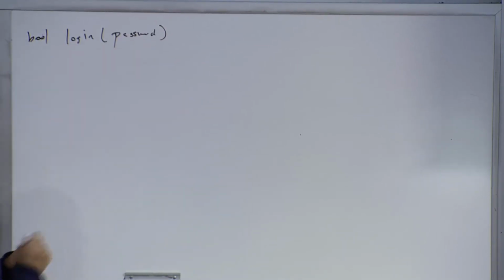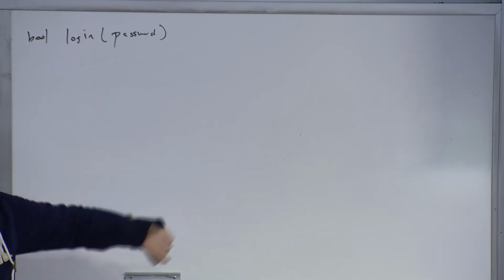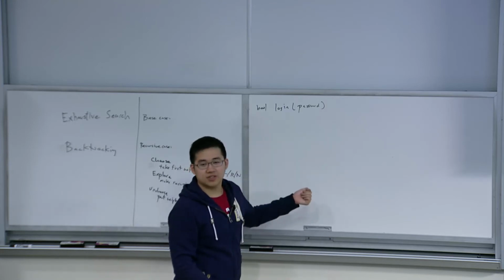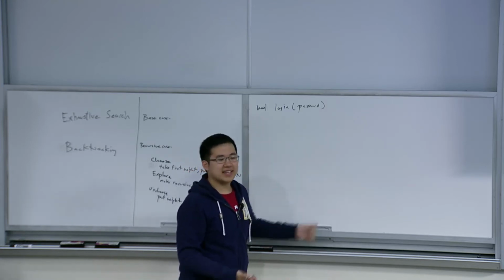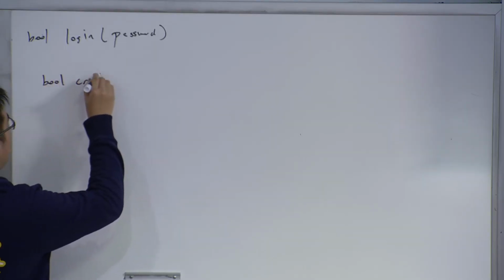Think of calling this function as trying to log in. So login 1 2 3 4 5 means I'm trying to log into some account, and it's going to say true if it worked, false if it didn't.